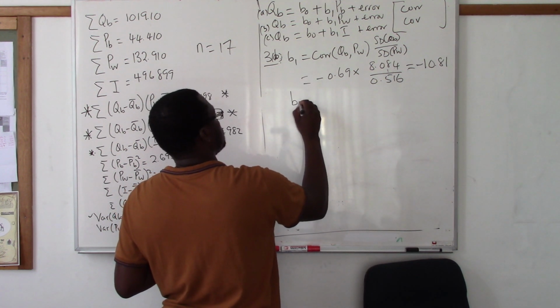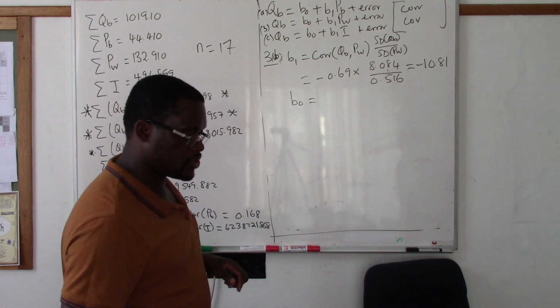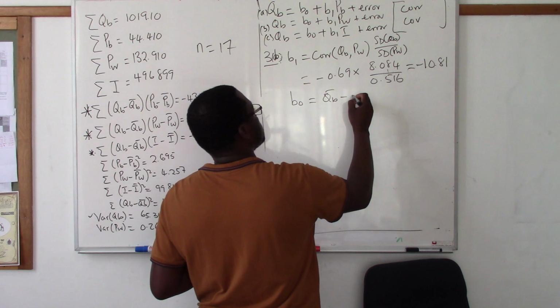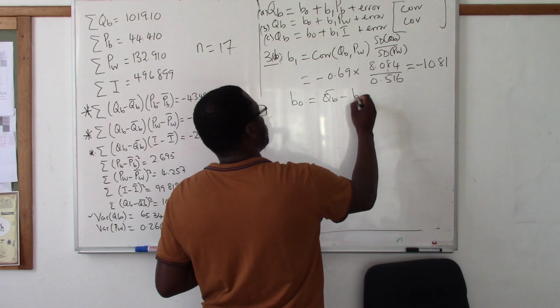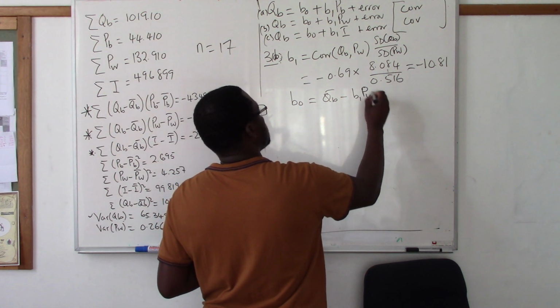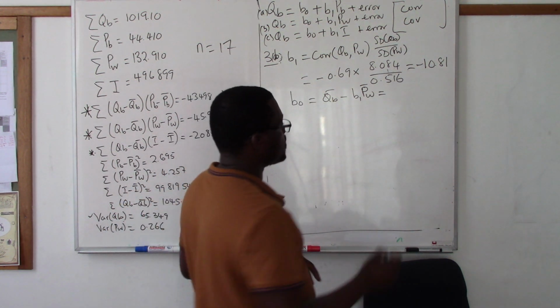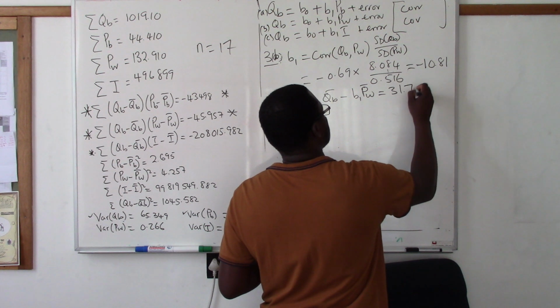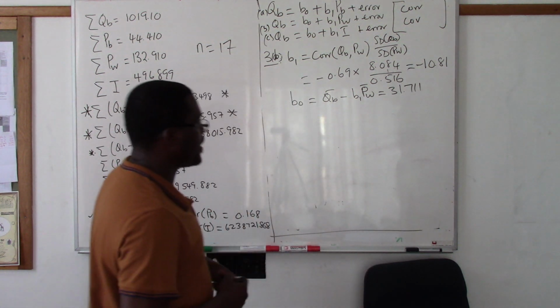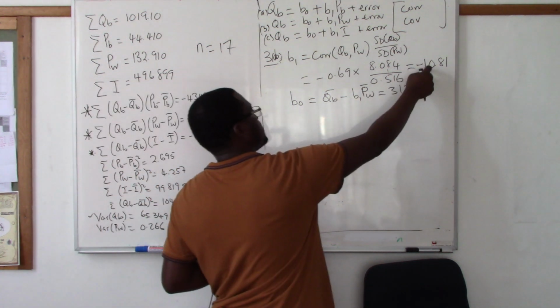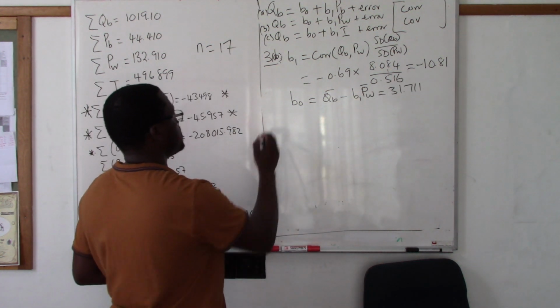And replicating our approach, which is your QB bar minus your B1 PW bar, you should be able to get something like 31.711. I have not entered the numbers, you know them, and this one is that number we just estimated.